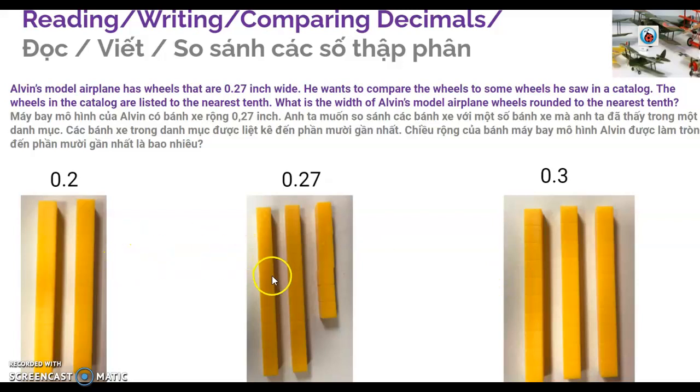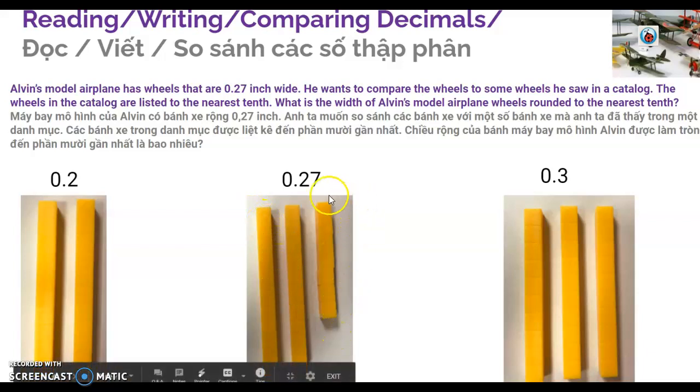If I needed to go from 2/10 to 27/100, all I need to do is add 7/100. So I'm going to put plus 7 in my mind because I need to get from here to here. Now I need to get from here to here. Well, I know these are 10 and I have 7.